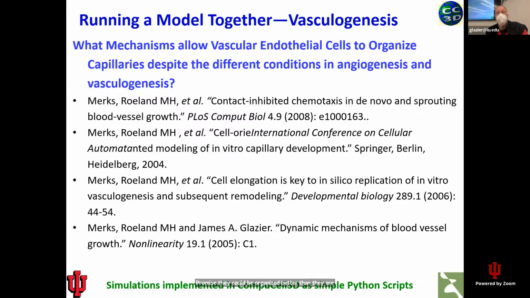But we're going to be talking about how blood vessels form. Blood vessel formation can be called angiogenesis or vasculogenesis. Those two terms represent slightly different ways of organizing blood vessels.